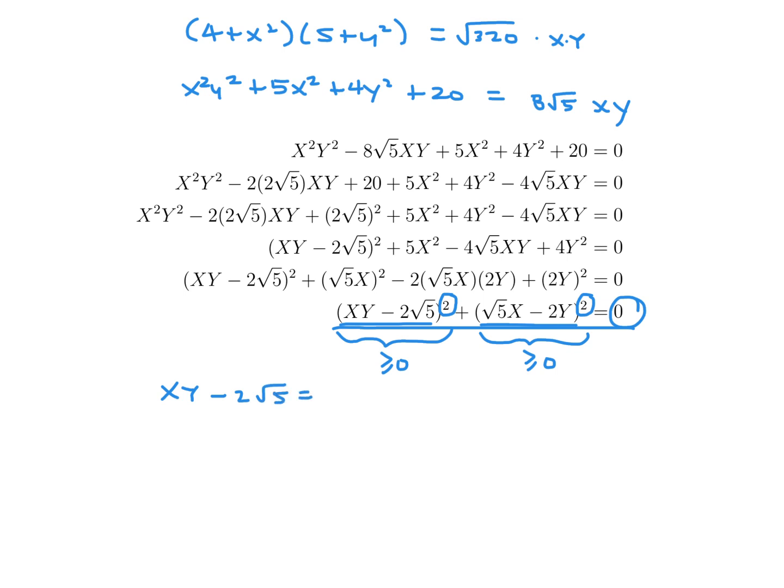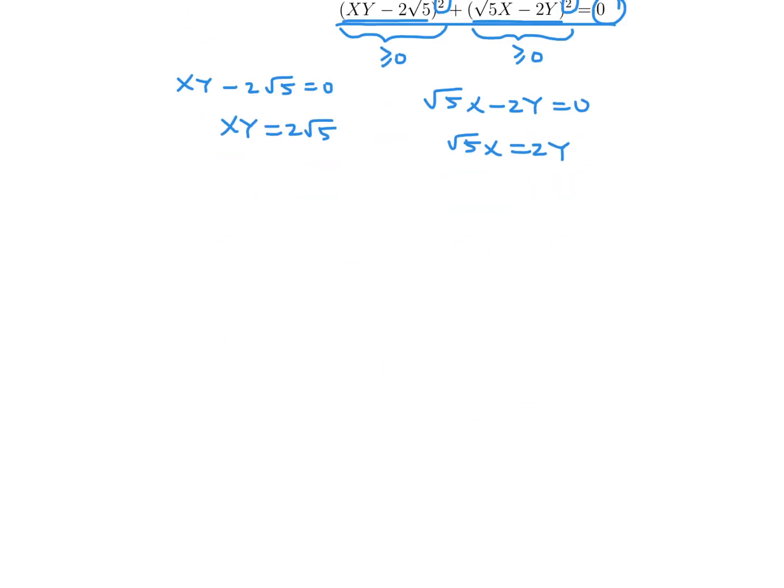So xy minus 2 root 5 is equal to 0, and root 5x minus 2y is also equal to 0. So this means that xy is equal to 2 root 5, and this means that root 5x is equal to 2y.